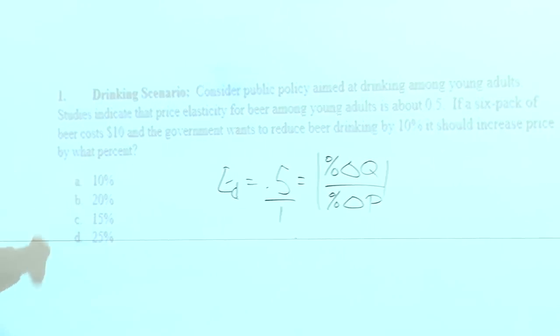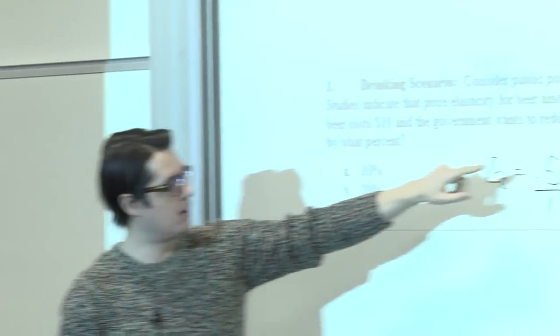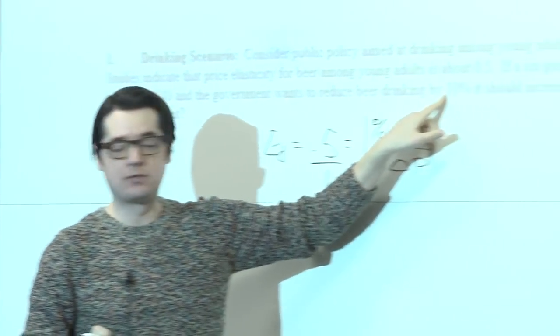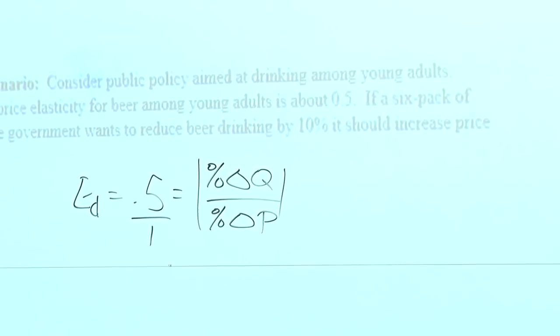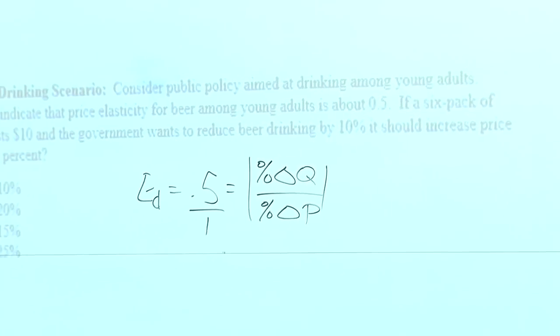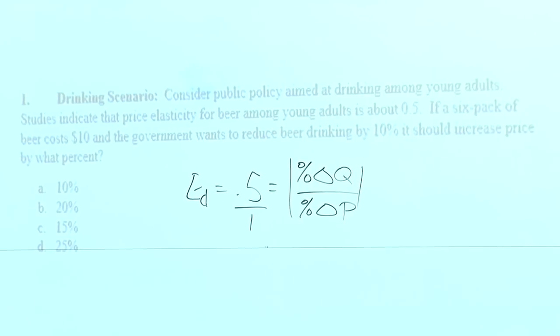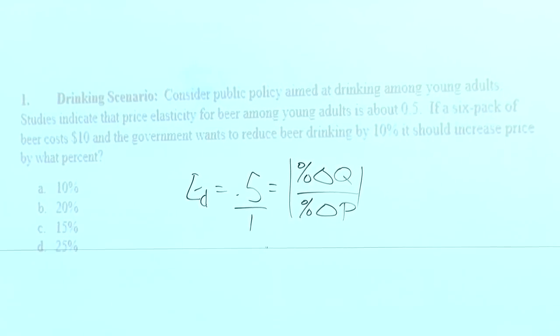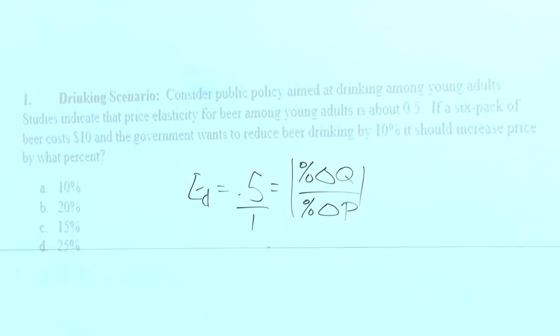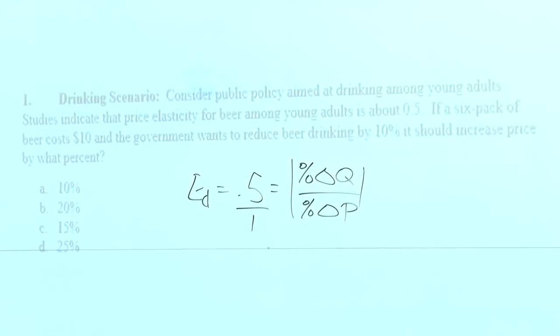Okay, so now what the question asks here is that we want drinking to fall by 10%, not 0.5%. So if a 1% change in price results in a 0.5% drop in our quantity, how are we going to get a 10% drop in our quantity? How much do we have to change price?